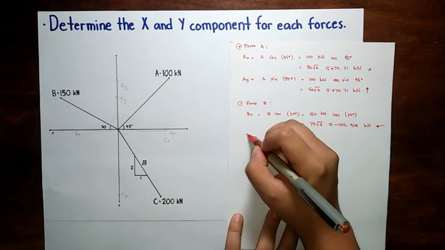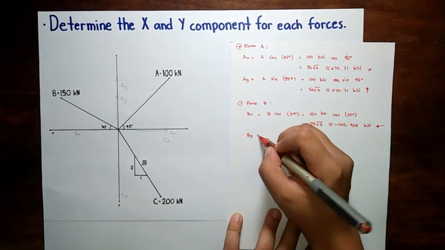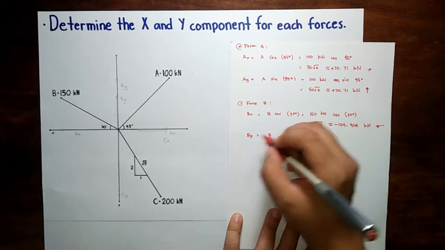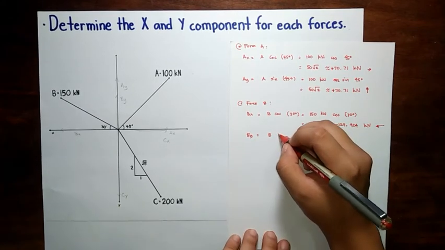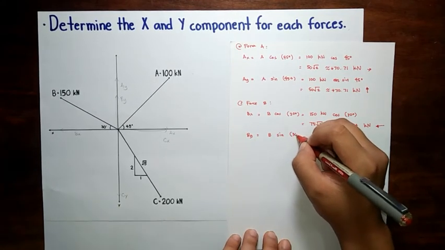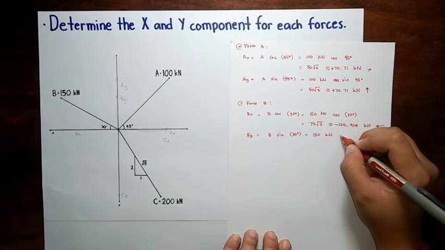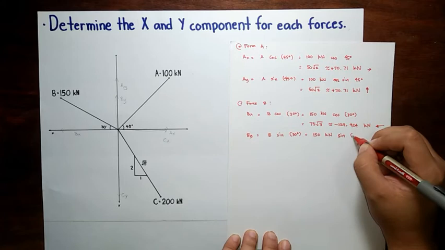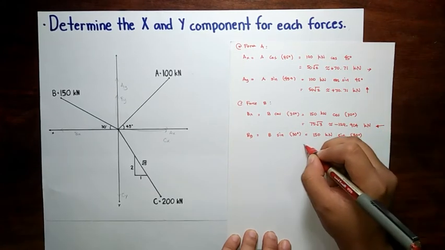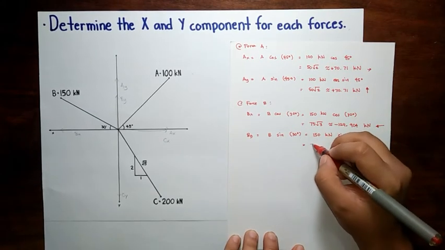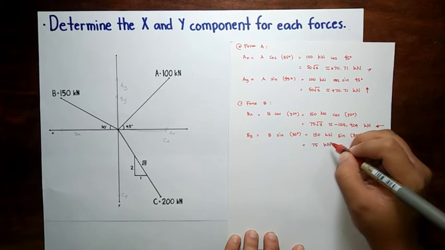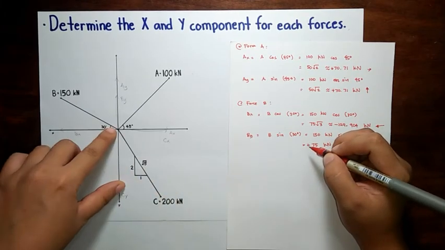And that's for BY. So that would be B sine 30 degrees, equal to 150 kilonewton sine 30 degrees, and that's equal to 75 kilonewton, and that is positive because it's going upwards.